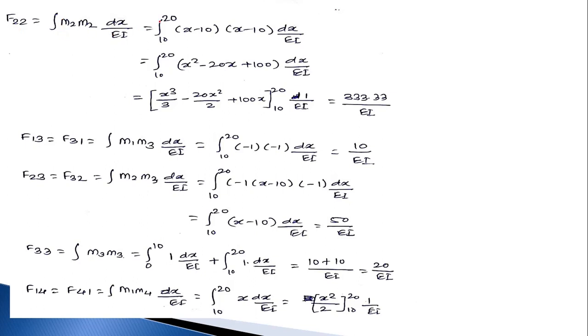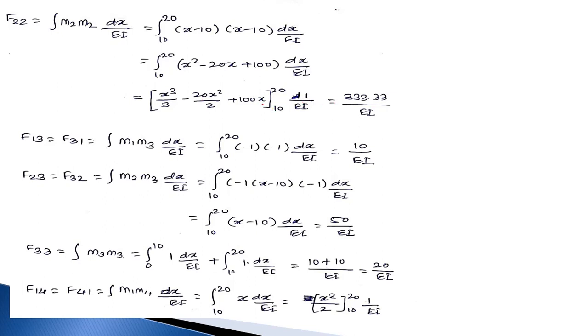So take the integration with limits 10 to 20, M2 becomes X minus 10 into X minus 10 dx upon EI. Integration 10 to 20, X minus 10 squared becomes X square minus 20X plus 100 dx upon EI. Take the integration with respect to X, the equation becomes X cube by 3 minus 20X square by 2 plus 100X, with limits 10 to 20, 1 upon EI.